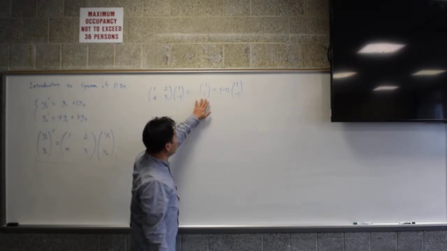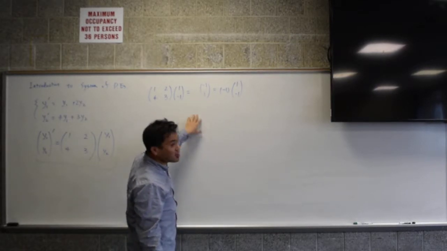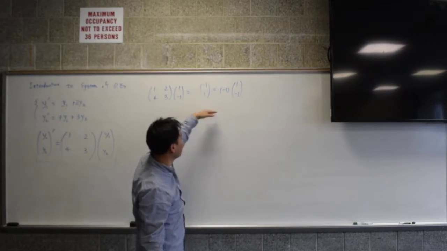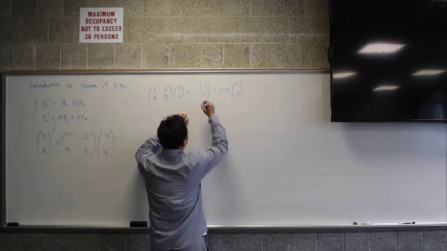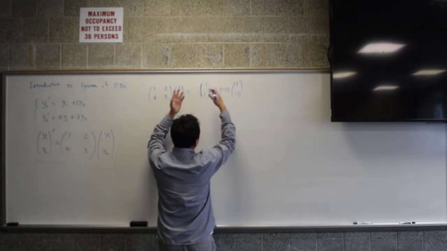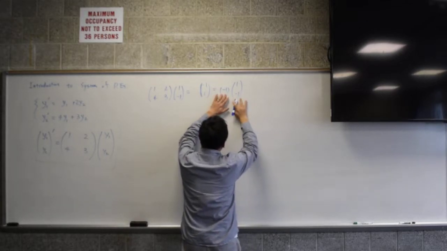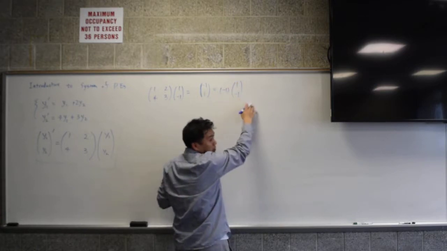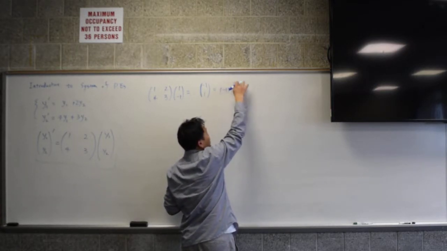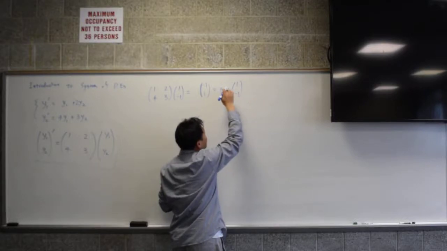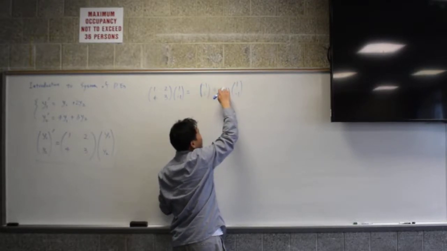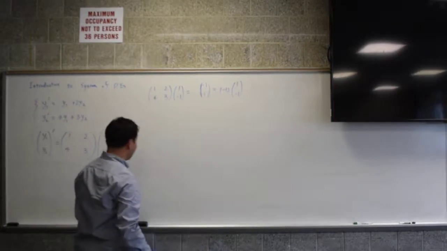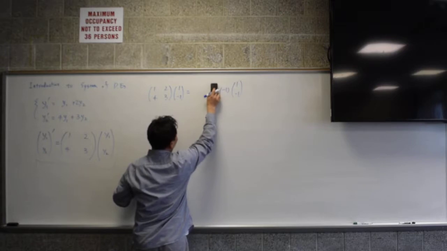By the way, if you just have a single column, it's called a column vector, because it works like vectors. You can think of scalar multiplication: how do you multiply a scalar to a vector? You multiply it to each element. Negative 1 times 1 gives you negative 1, and negative 1 times negative 1 gives you 1. So there's this relation.